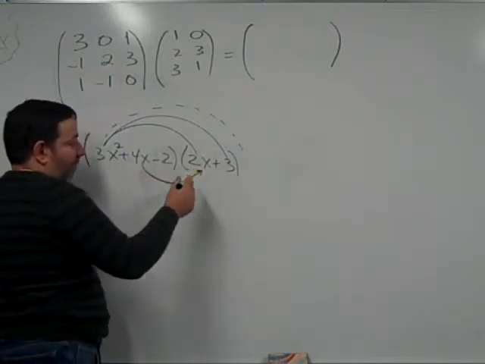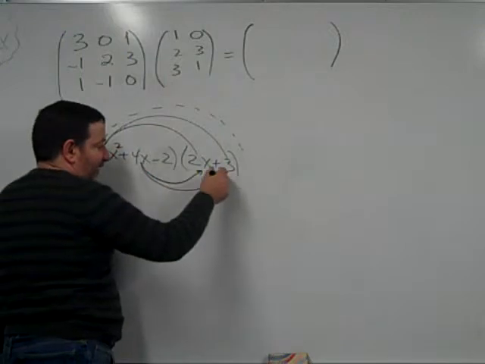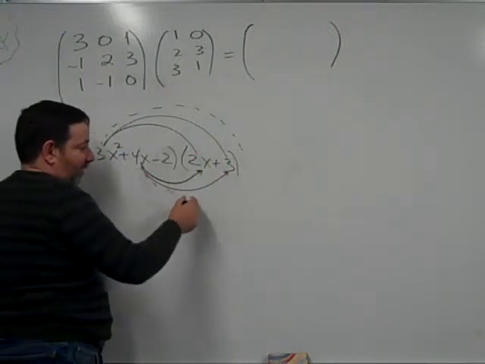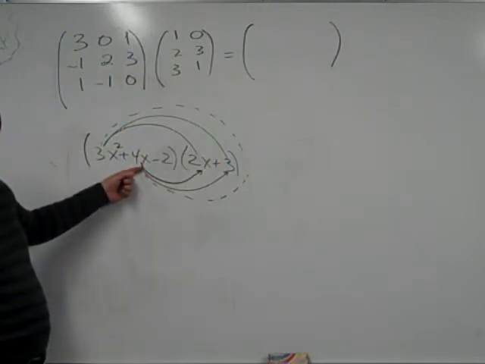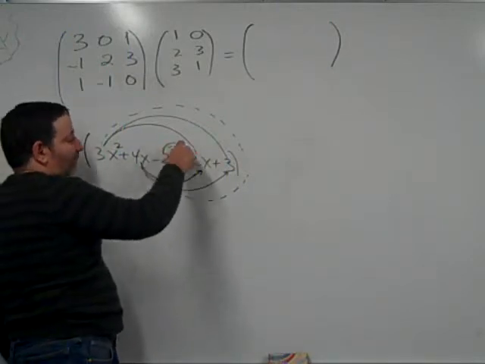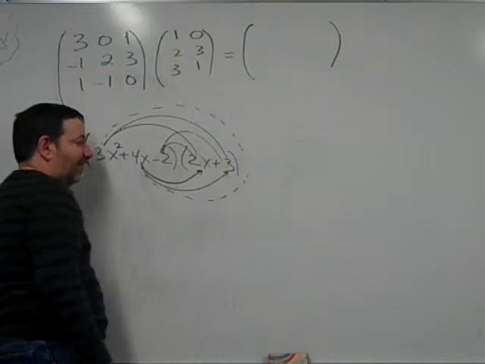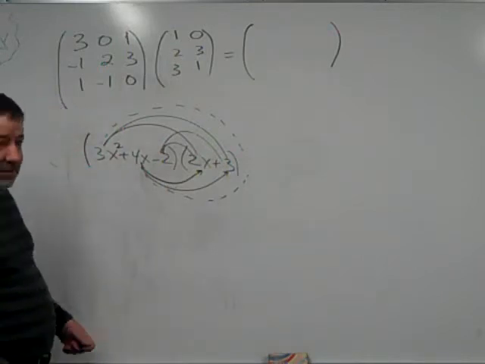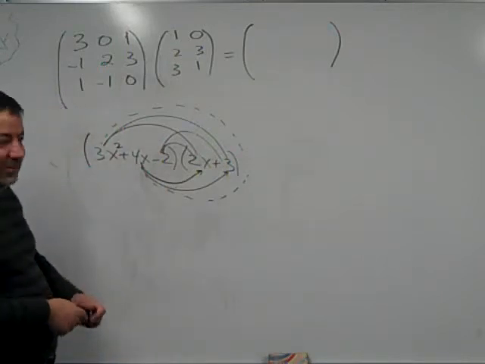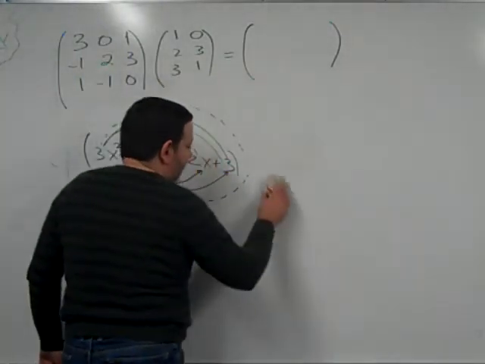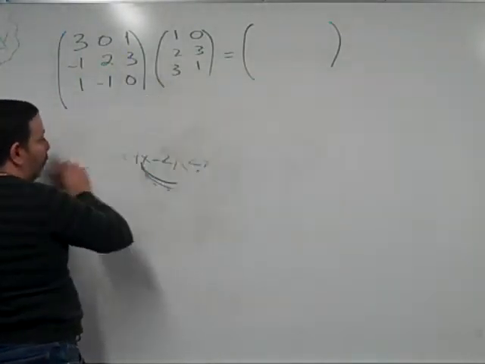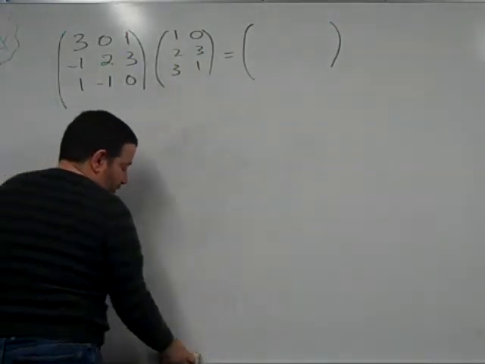You do the second times the first, the second times the second, and nope, there's no second times the third. That means we're done with the second. Then you do the third with the first, the third with the second, and by now you know there's no third with the third. It's a very similar thing with matrices.